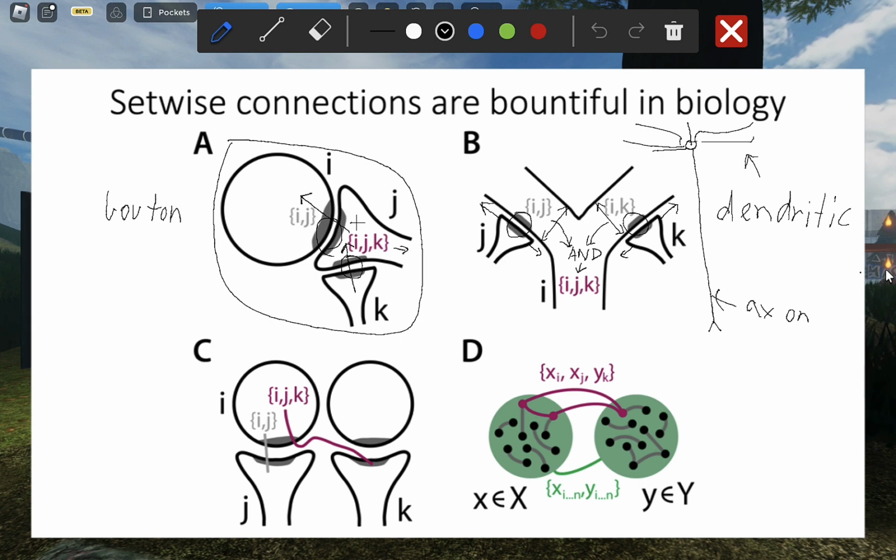So the precise biophysics here matters a lot and is plastic and changes under learning conditions.